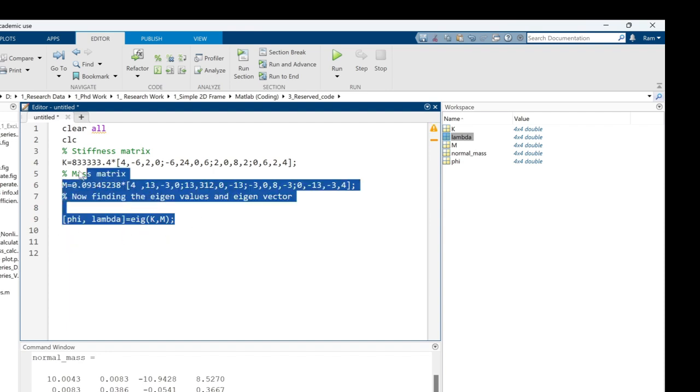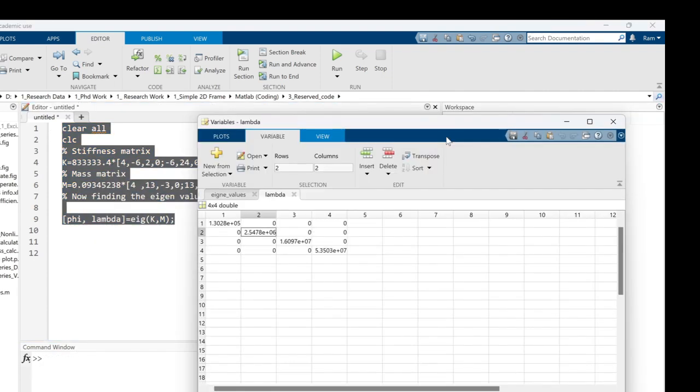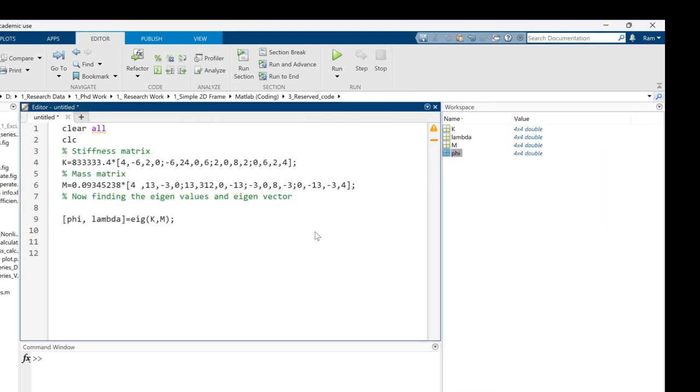After running this, we get lambda 1, lambda 2, lambda 3, lambda 4. We get 4 lambdas because we have a 4 by 4 mass and stiffness matrix. Similarly, this is our eigenvector: phi 1, phi 2, phi 3, phi 4. So by using simple MATLAB, we can easily get the eigenvector and eigenvalue for any system.